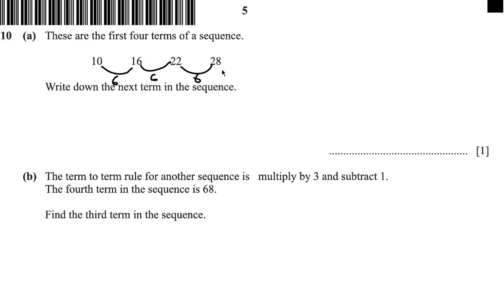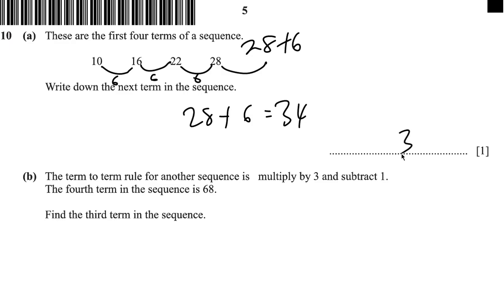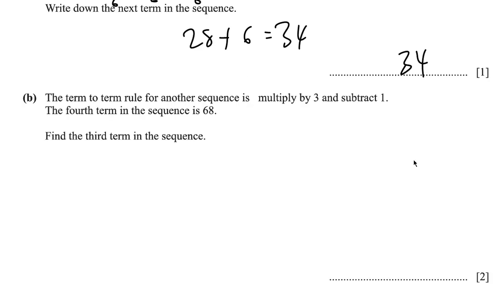So to get the next term, this is simply going to be 28 plus 6. The same cycle continues. So 28 plus 6 is the next term, and that's equal to 34. So that's the next term in the sequence.